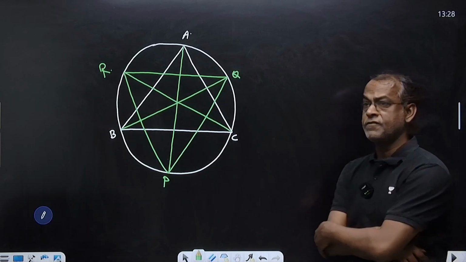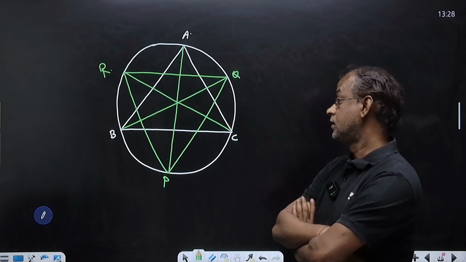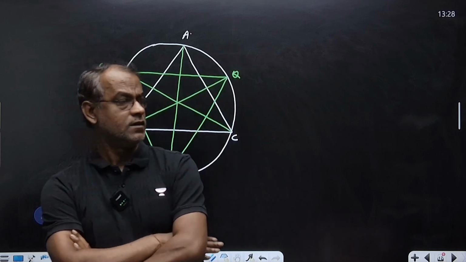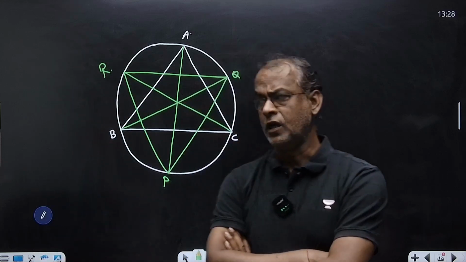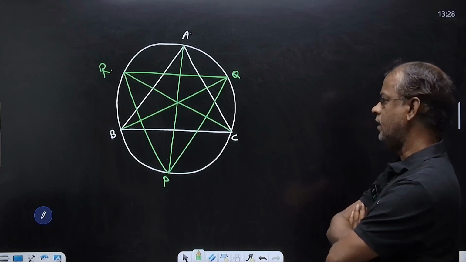Both the triangles have the same circumradius, isn't it? Generally in examinations, this is given with data. I am not getting into data. What to do, that is the primary thing.